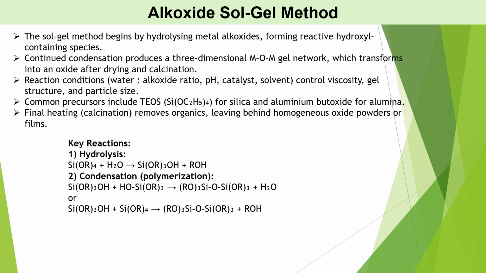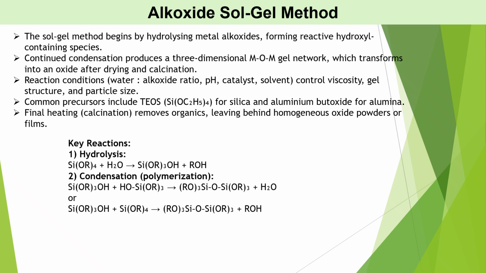Alkoxide sol gel method. In the alkoxide sol gel method, metal alkoxides such as Si(OR)4 or Al(OR)3 are dissolved in a solvent. Hydrolysis converts OR groups to OH, and condensation reactions form M-O-M linkages, creating a three-dimensional gel network.